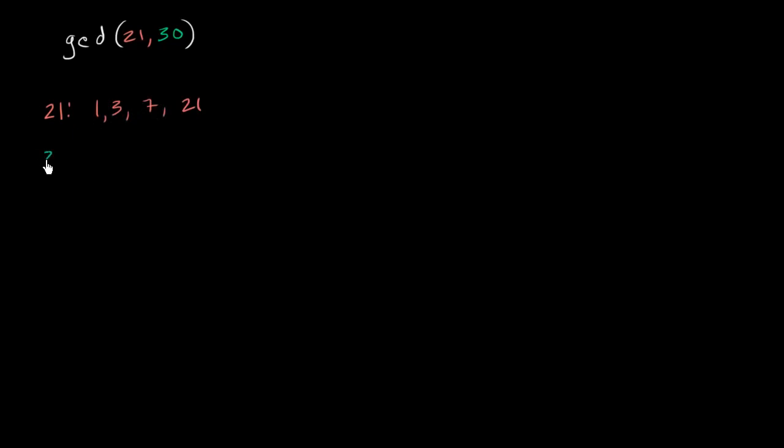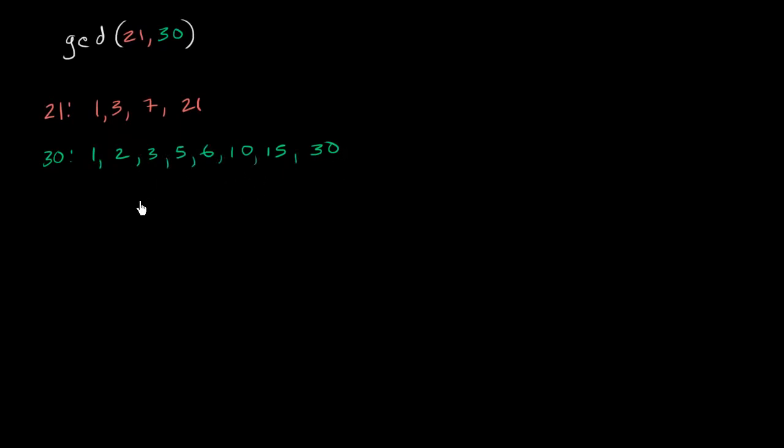And 30 can be written as 1 and 30, 2 and 15, and 3 and 10, and 5 and 6. Let me write it this way to get a little more space. So here are all of the factors of 30.